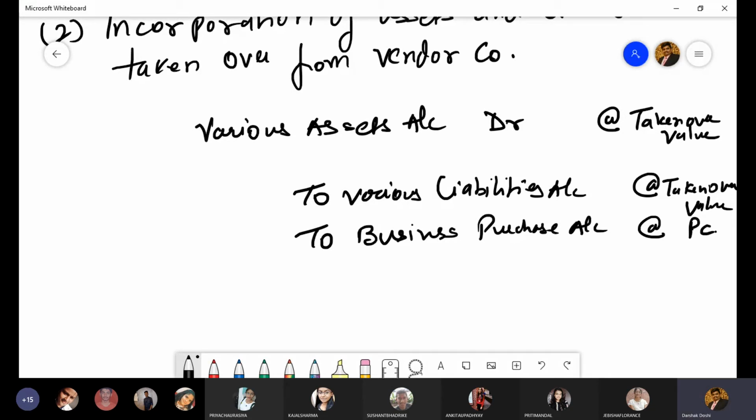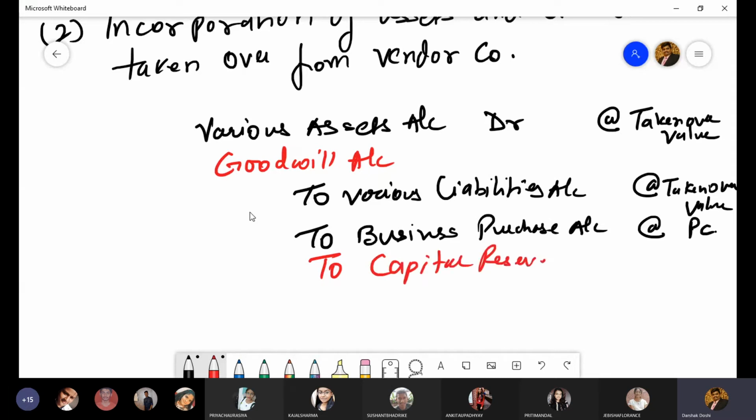If the difference comes in the debit side, then you will debit goodwill account. If there is a difference on the credit side, then you will credit capital reserve account. The entry will be passed for difference.